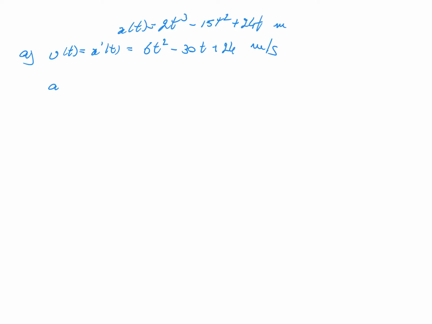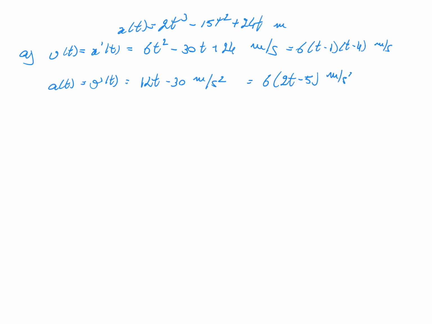The acceleration we derive again, so this is v prime of t, which is 12t minus 30 meters per second squared. We can simplify these expressions a little bit. The first one is 6 times (t minus 1) times (t minus 4) meters per second. The second one is 6 times (2t minus 5) meters per second squared.